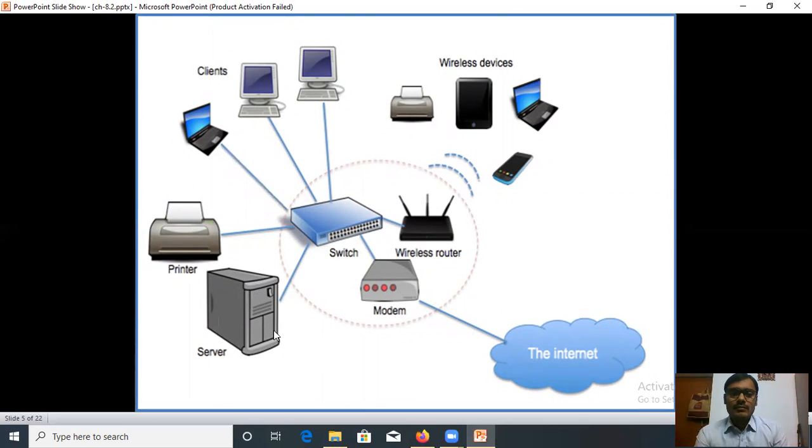At the bottom left corner, there is a server computer and it is connected to all the different client computers through a device known as switch. So switch is a device which connects the server computer and the client computers together. And not only that, it can also attach some hardware resources like printers, routers, modems, etc.